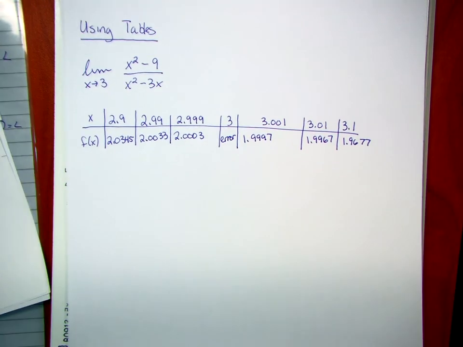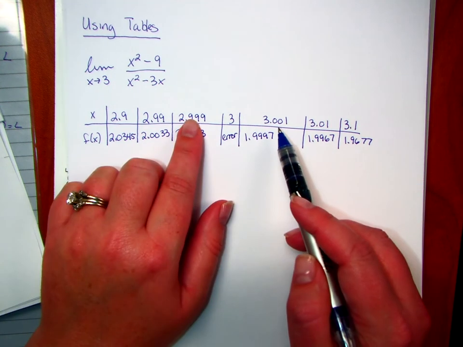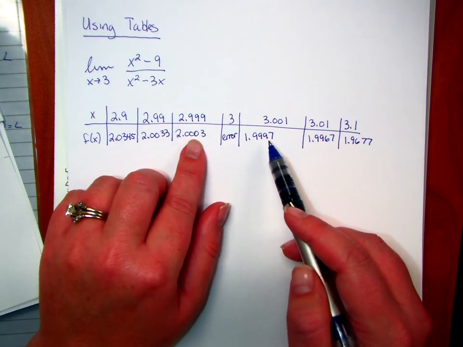Now, at the end of a table, to evaluate a limit, it's almost always a guess. All right, so you have to ask yourself, did you pick values of x close enough to 3 to accurately guess where this function is heading, right?